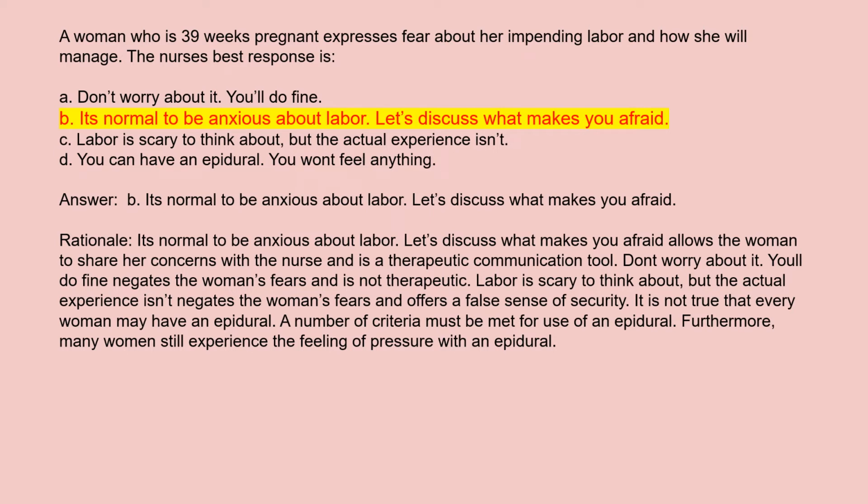Labor is scary to think about, but the actual experience isn't negates the woman's fears and offers a false sense of security. It is not true that every woman may have an epidural. A number of criteria must be met for use of an epidural. Furthermore, many women still experience the feeling of pressure with an epidural.